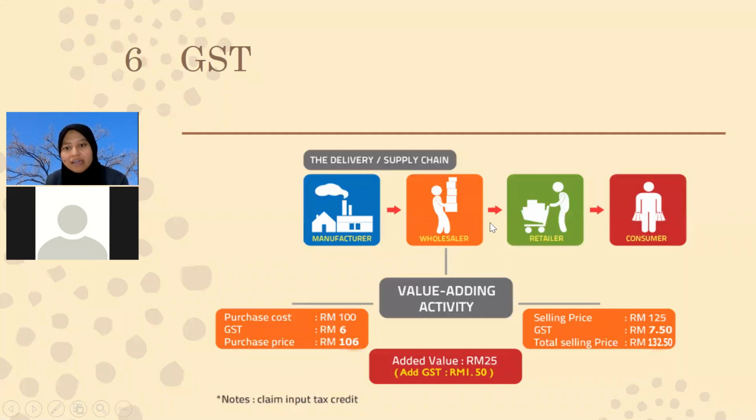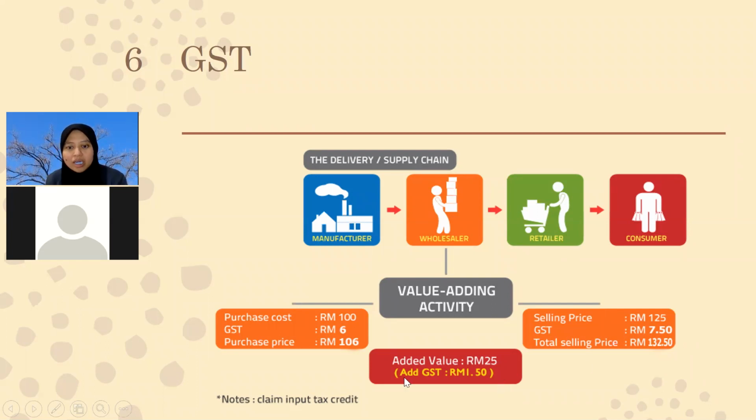Then, when the wholesaler sells to the retailer, for example, they purchased at 106, of which 100 ringgit is the purchase cost and 6 ringgit is the GST. Say after they take into account all their costs, they sell at 125. 6% of 125 is 7 ringgit and 50 cents. So the purchaser will pay 132 ringgit and 50 cents.